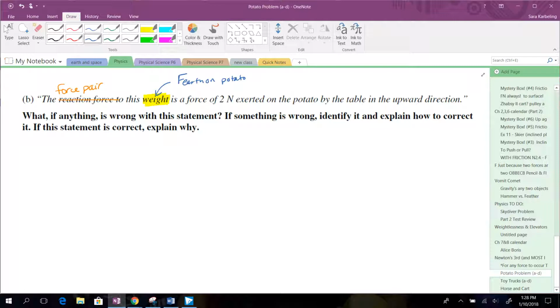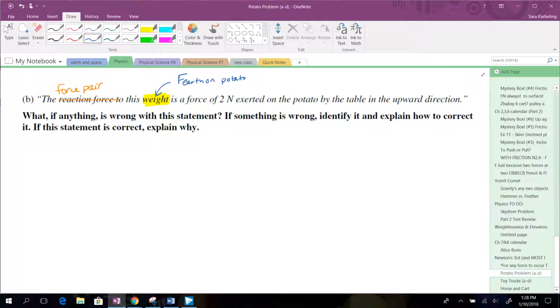Okay. So the force pair to the weight, they used weight on purpose here, right? So that you had to translate that to earth on potato. The force pair to the earth on the potato, this should be really easy, friends. If it says earth on potato, what's the force pair? Potato on earth.